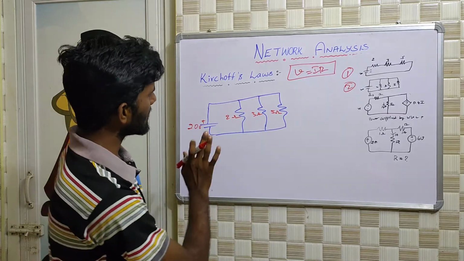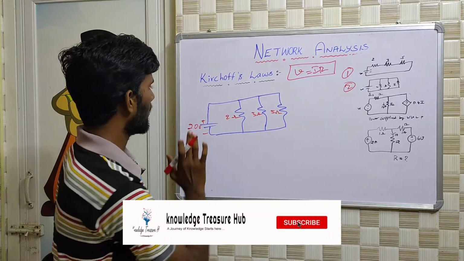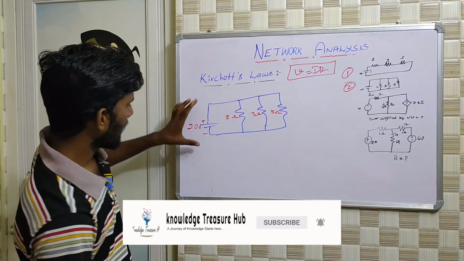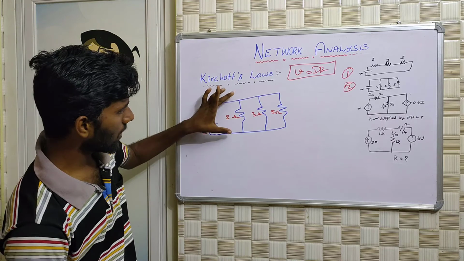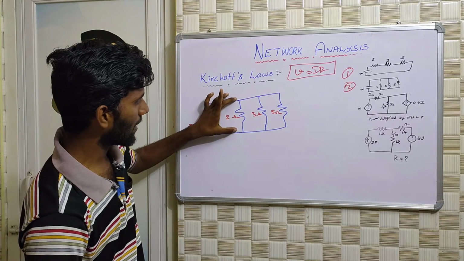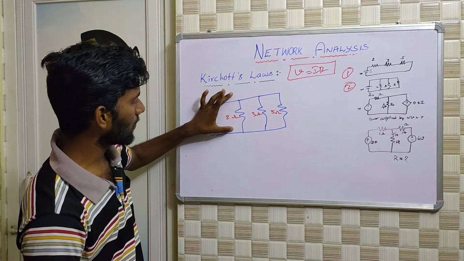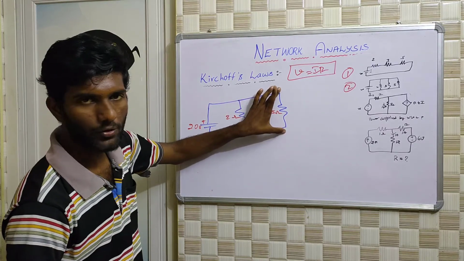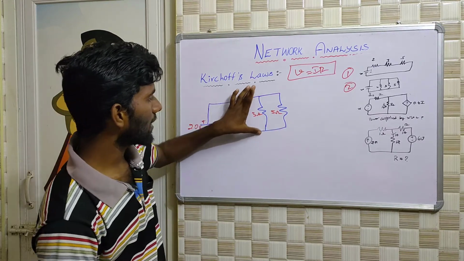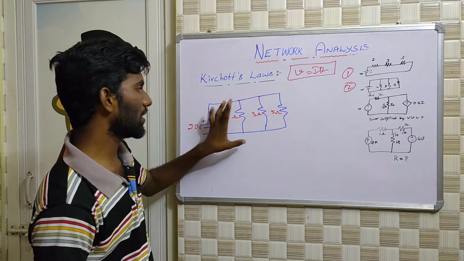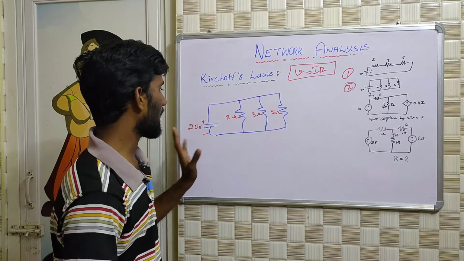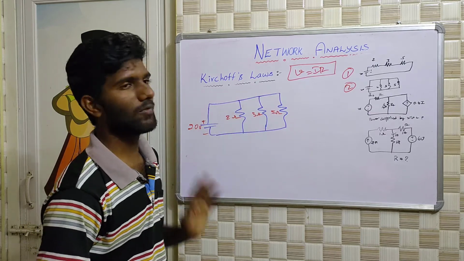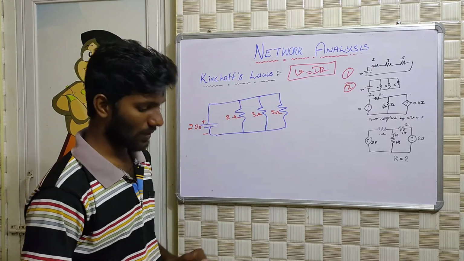Since it is a parallel circuit, the voltage will be the same, which means here 20 volts, up here also the same 20 volts, here also the same 20 volts. Across each branch the same voltage will be there. So that is a parallel circuit: same voltage, and the current is going to be divided on each branch.